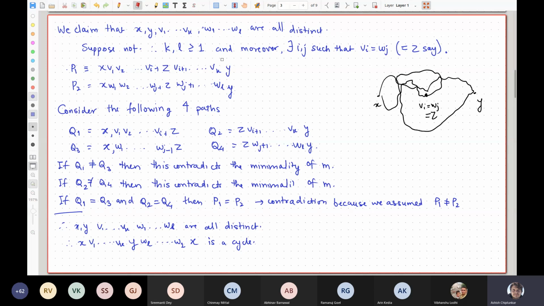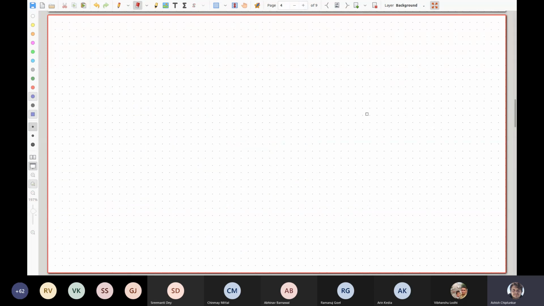Okay, so what do we have now? Therefore we have that a graph contains a cycle if and only if it has two vertices and two different paths between that pair of vertices. Okay, so now what is the corollary of this?